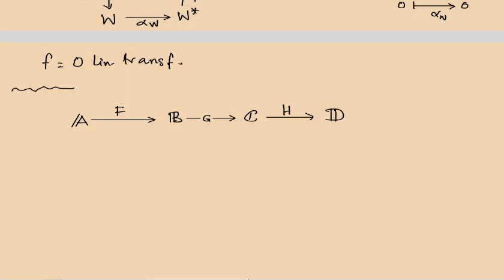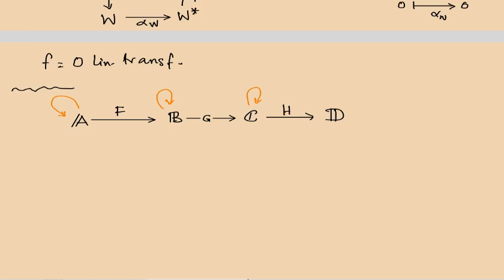And I have the identity functors. The identity functors I'm drawing in another color. And they automatically compose with these things.